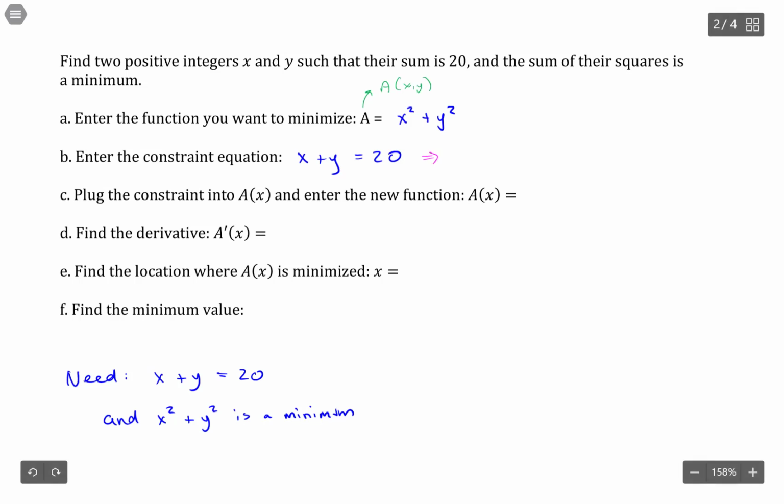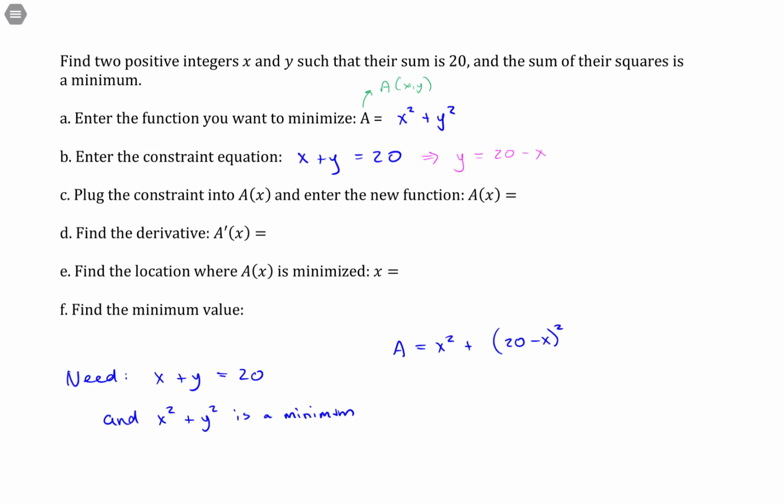It doesn't matter which variable we choose. I'll pick y and let y equal 20 minus x. And then knowing that, I have A of x, y defined as x squared plus y squared. But y is going to get replaced with 20 minus x, quantity squared.